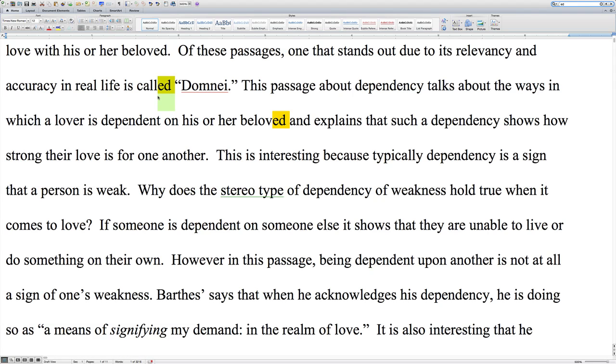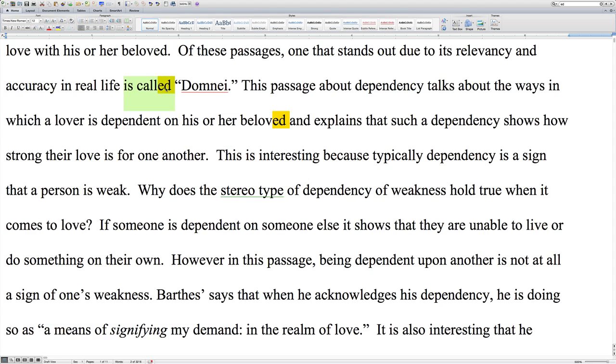Let's grab the first passive voice, "is called," right? How do we turn this from passive voice to active voice? Read the sentence first of all to find out what it's talking about. "Of these passages, one that stands out due to its relevancy and accuracy in real life is called Domne." Well, the question is, who's calling it that?